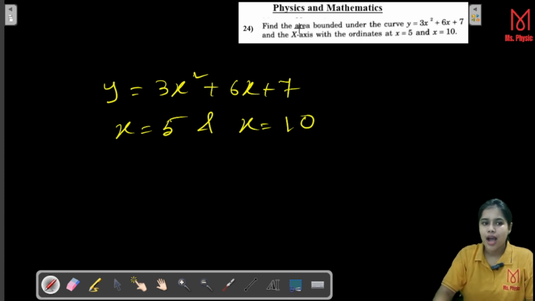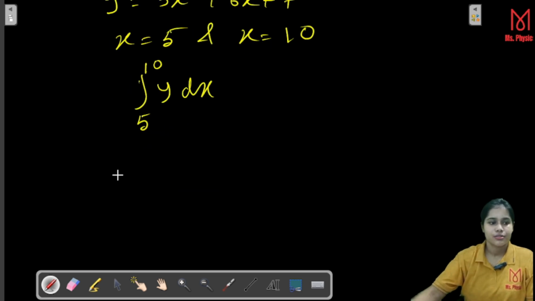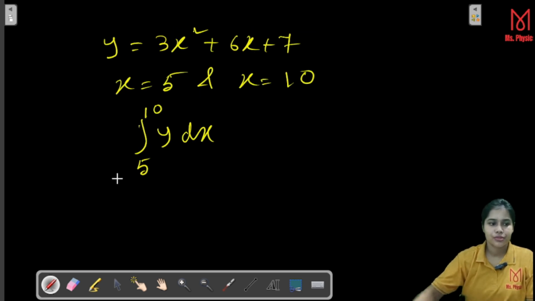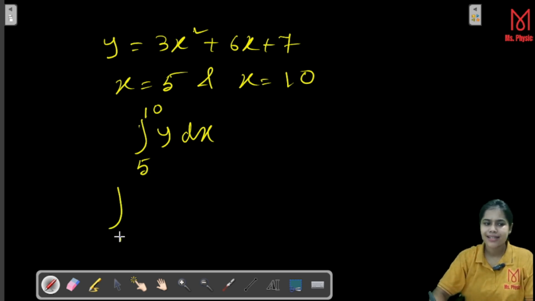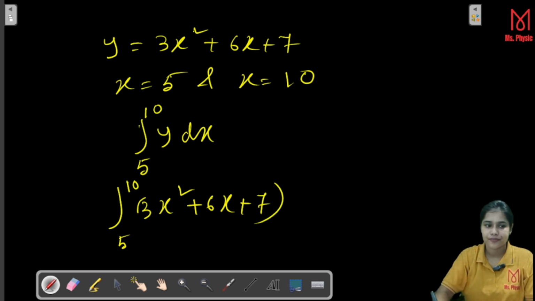Whenever you are asked to find the area under a curve, the formula is the integral of y dx, and the limits are 5 to 10. Now we put the expression of y and simply do the integration, nothing else. Mainly mathematics is here: the integral of (3x² + 6x + 7) dx.